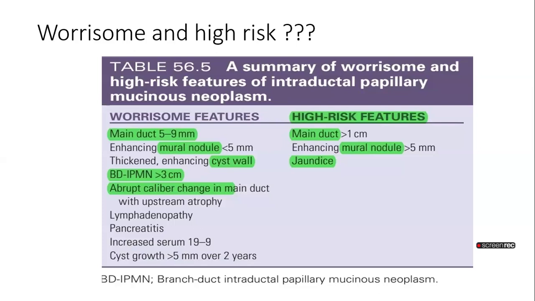Okay, so the others are worrisome features like main duct 5 to 9 mm, or mural nodule less than 5 mm, or cyst wall is thickened and enhancing, branch duct IPMN more than 3 centimeter, or lymphadenopathy, pancreatitis, CA 19-9 elevated, cyst growth over 2 years more than 5 mm, or abrupt caliber change in main duct with upstream atrophy. These are the worrisome features. Okay, this table column we should be thorough.